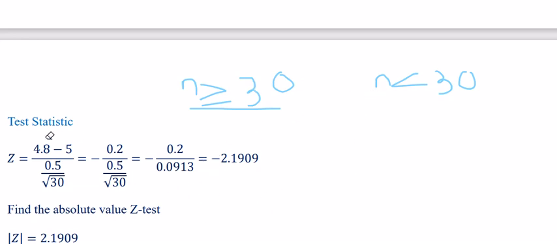It's almost the same thing, but the only difference is that the sample size will not be up to 30.